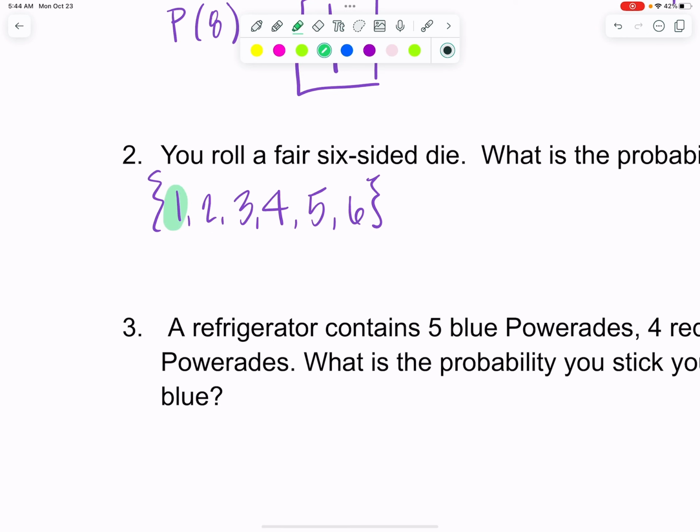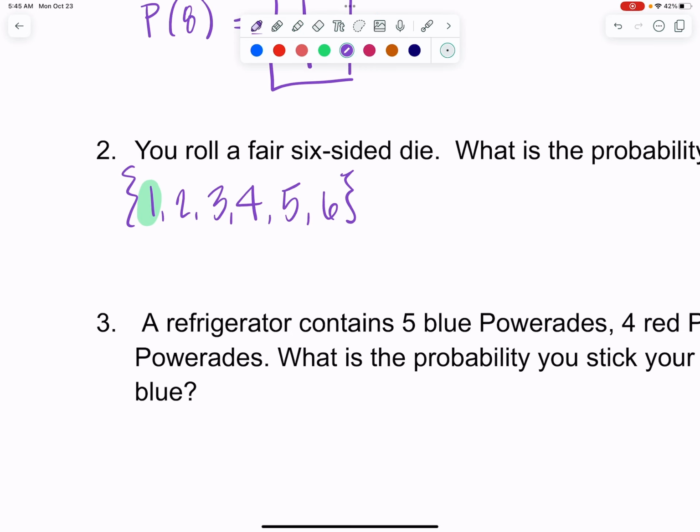The one I want is right there. So the probability of rolling a 1, well, I only have 1 out of 6 total things that could happen. So my probability of rolling a 1 is 1/6.